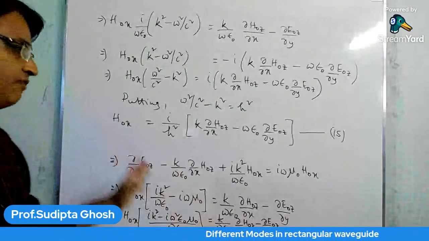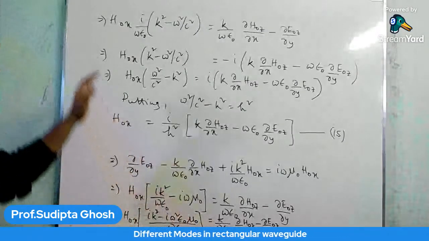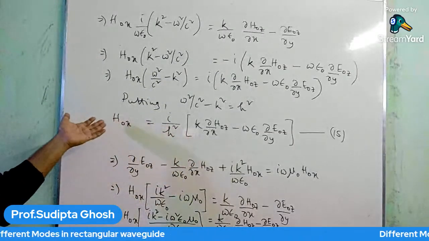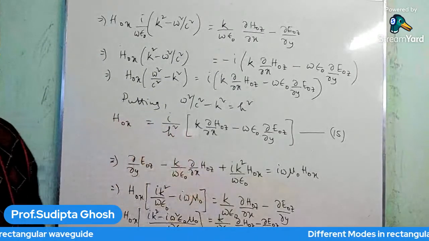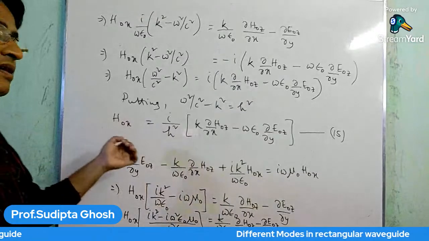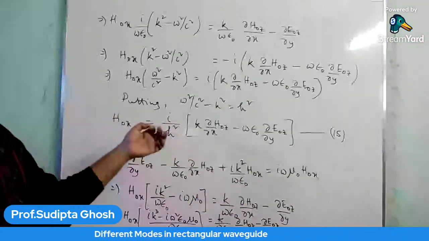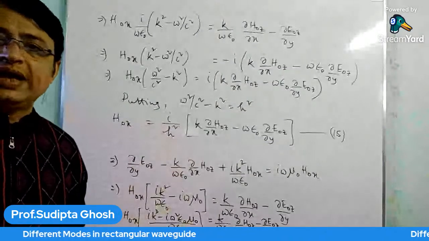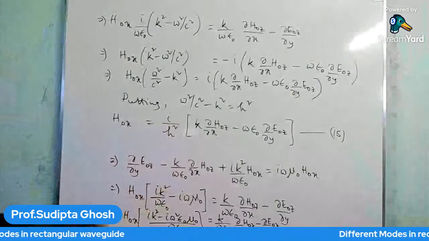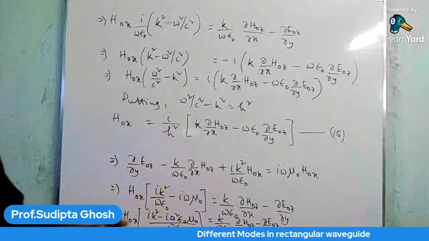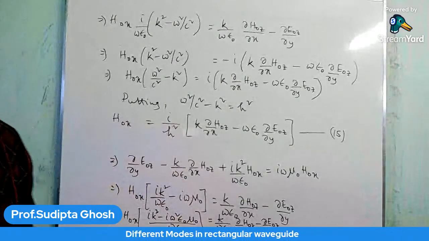Just derive one of these values as I have shown here, how to find out the value of HOX, and then after finding HOX, just write the other three values, that is HOY, and then EOX and EOY.